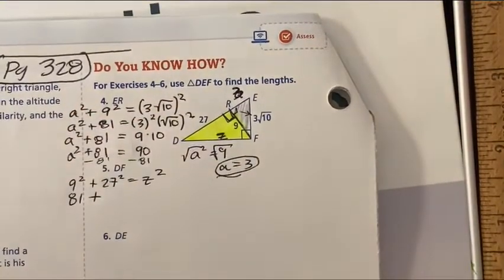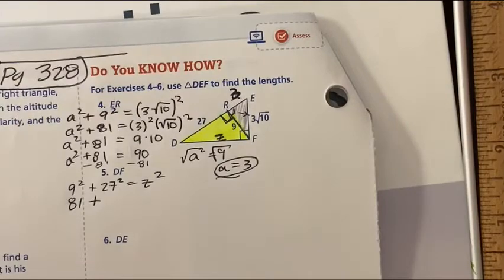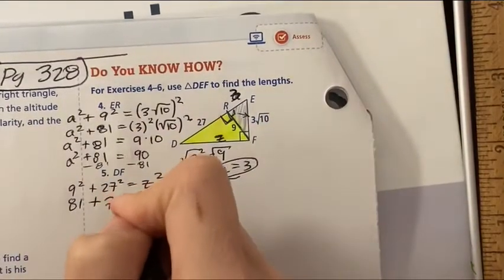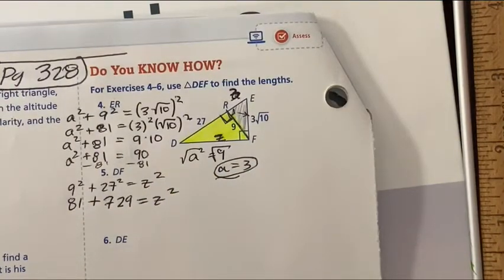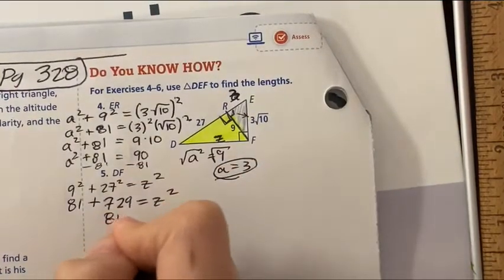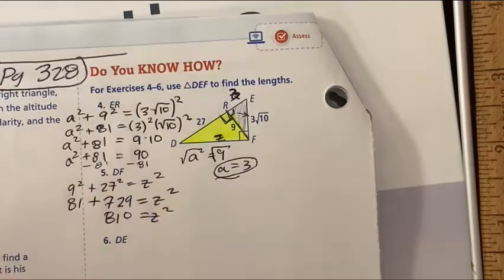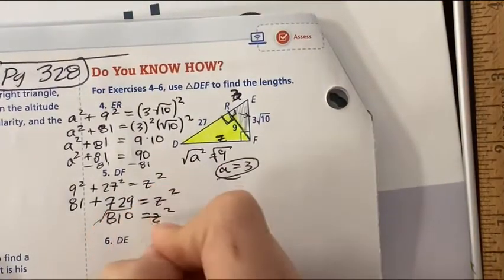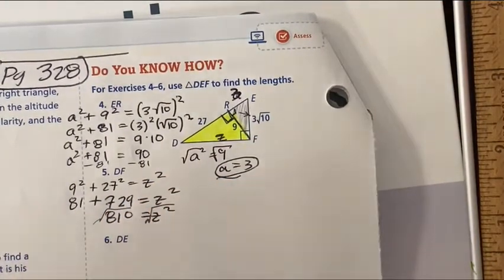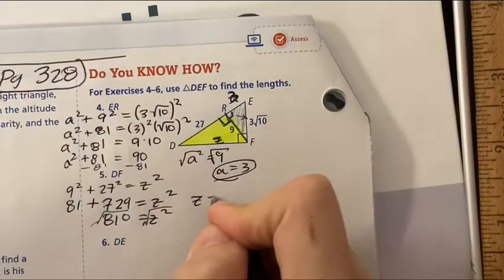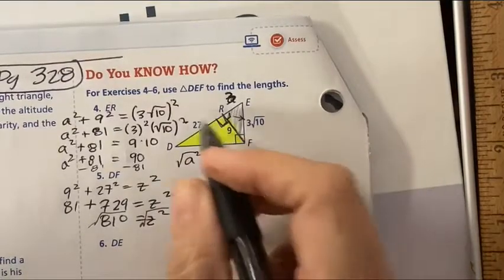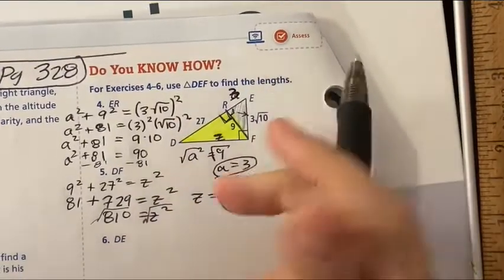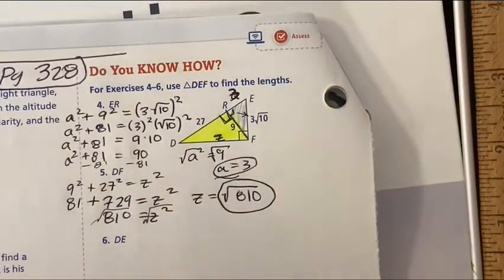Get my calculator. All right. So we take the square root of both sides and we get Z, or DF, is the square root of 810.